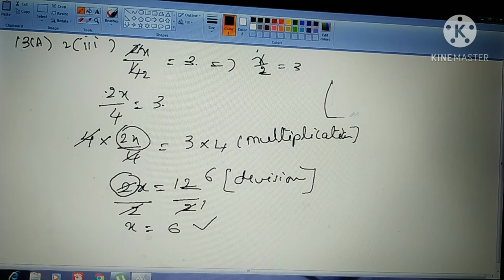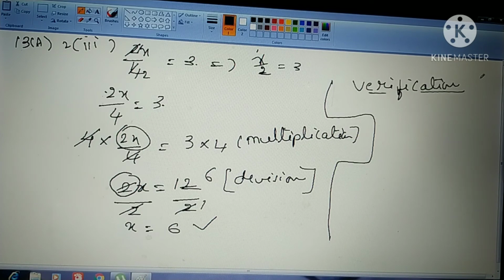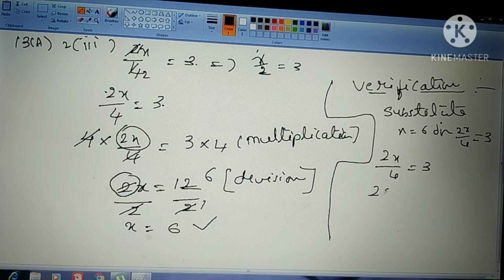Now verify this one. Substitute x is equal to 6 in 2x by 4 equal to 3. Substitute this value in 2x by 4 equal to 3 by replacing x by 6.